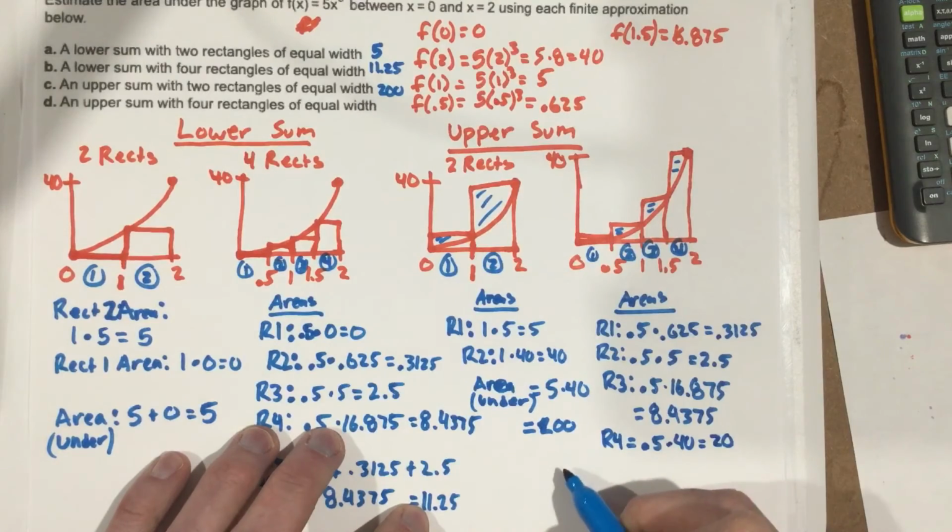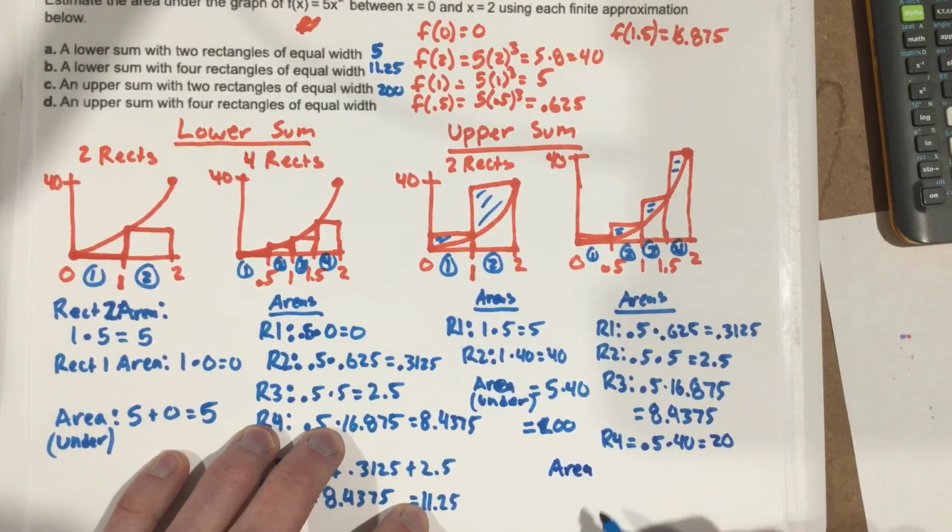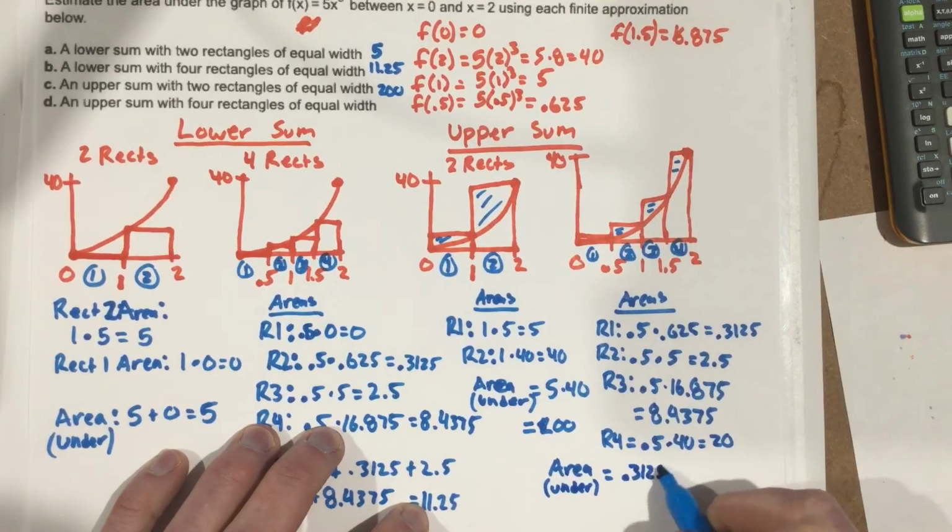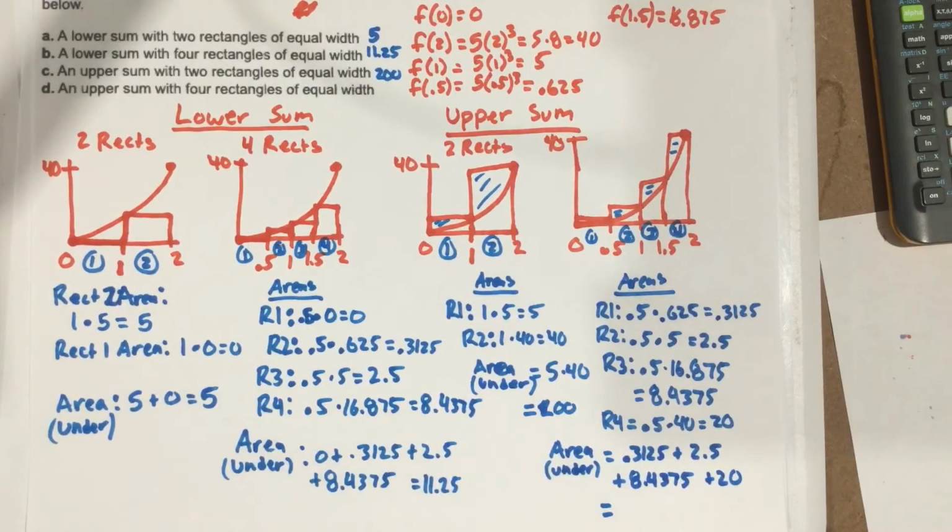So our area under equals 0.3125 plus 2.5 plus 8.4375 plus 20, which equals, add all those up, 31.25.